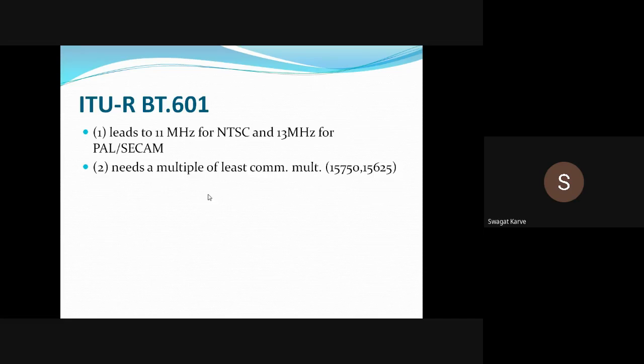Okay, second, it needs a multiple of least common multiples. That means it may be 15,750 or 15,625. Then a number that satisfies both constraints is 33.5 megahertz.